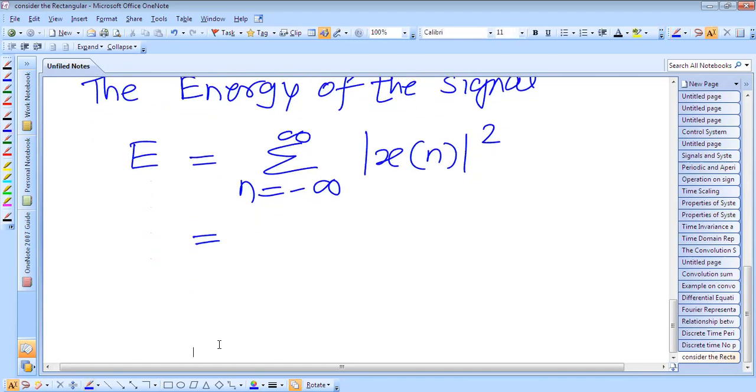Next we have to put the values of x of n, summation n equal to minus infinity to infinity.